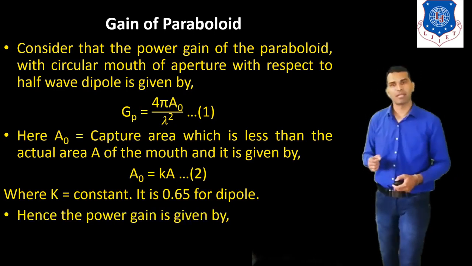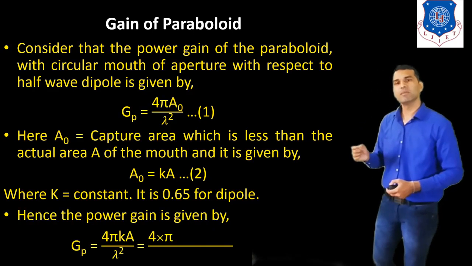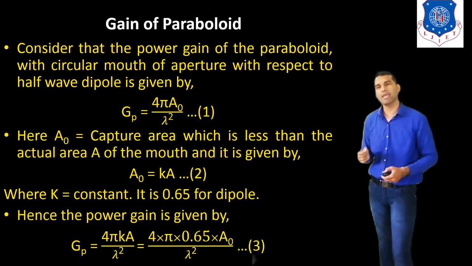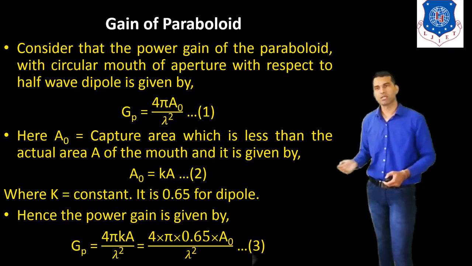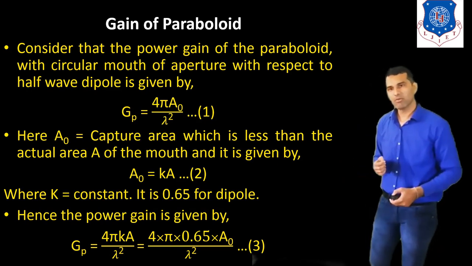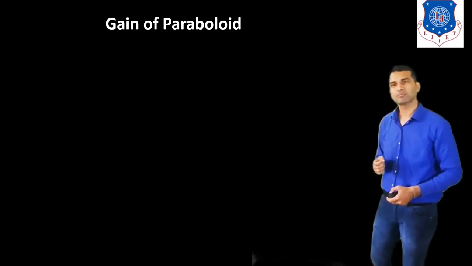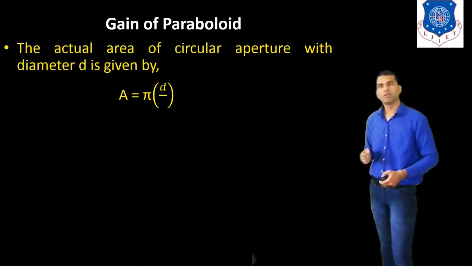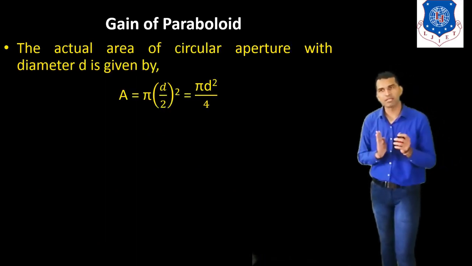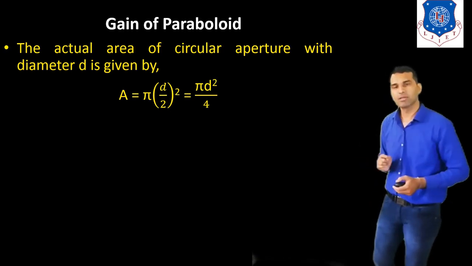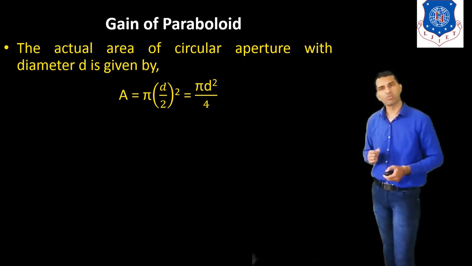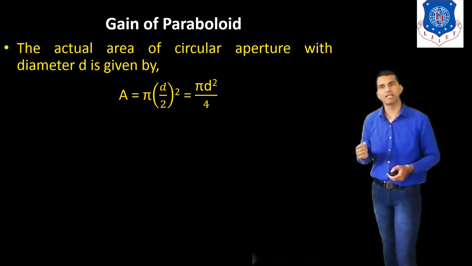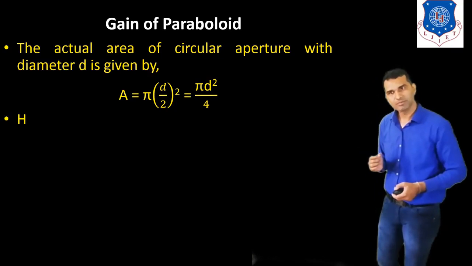Hence the power gain is given by Gp = 4πKA/λ². With K = 0.65, we get 4π(0.65)A/λ². Now the actual area of a circular aperture with diameter d is A = π(d/2)², which in simple form we can write as πd²/4.